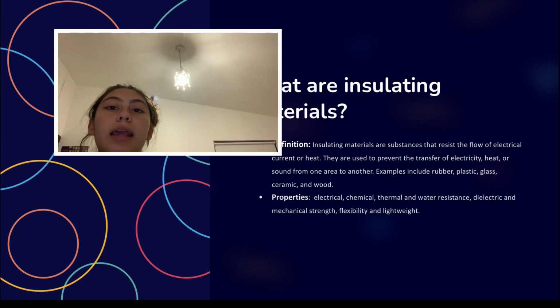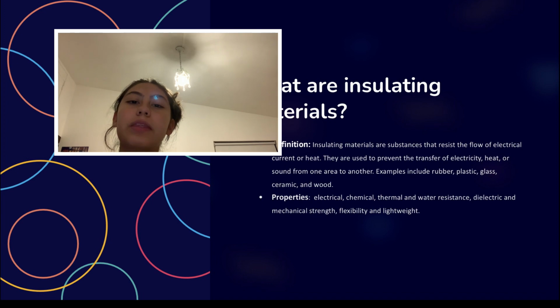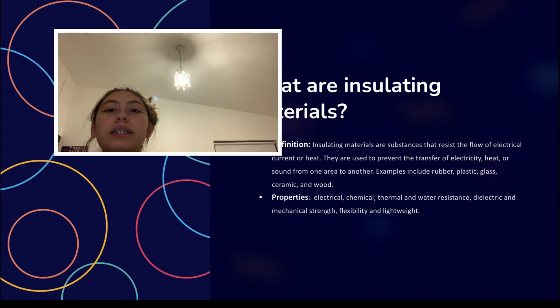Then they have mechanical strength. Many insulating materials also have a good mechanical strength, which is important in withstanding physical stresses such as bending, stretching, or compressing. These properties ensure the durability and longevity of the materials in various applications. We have chemical resistance.